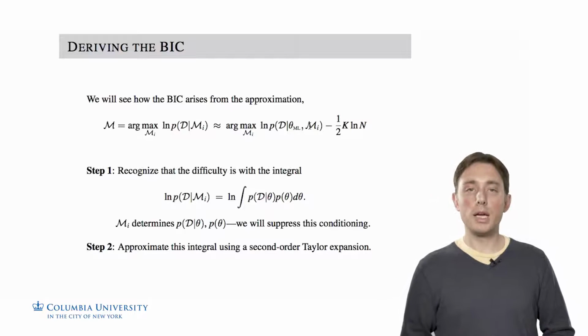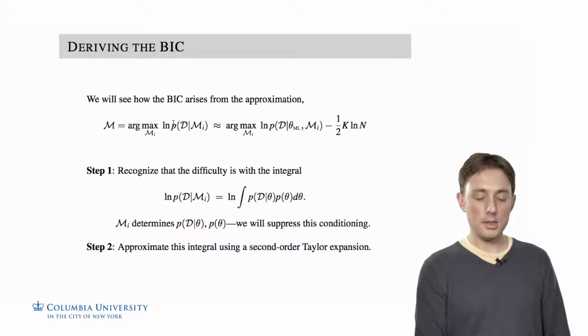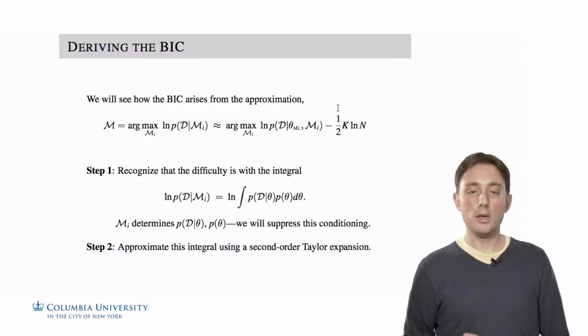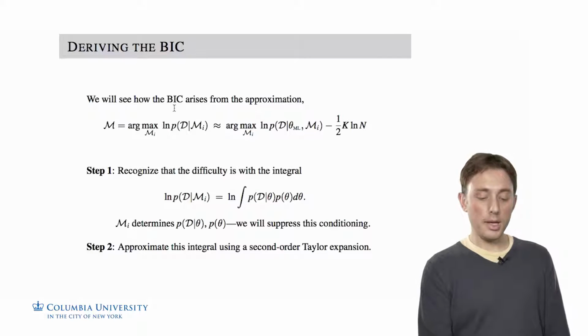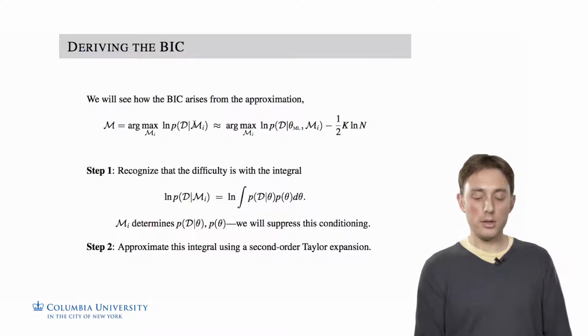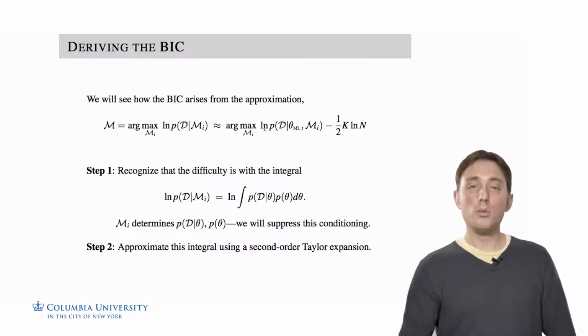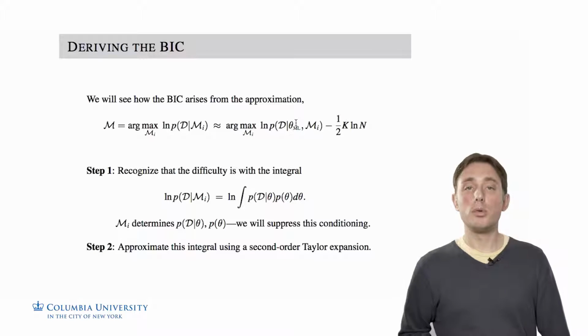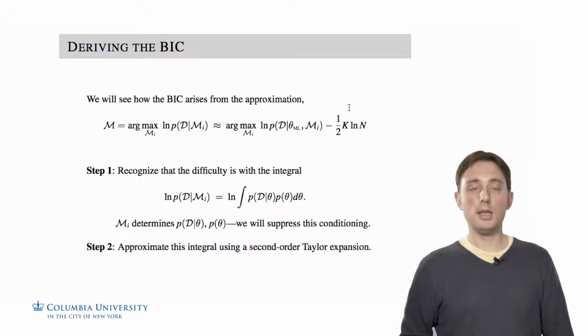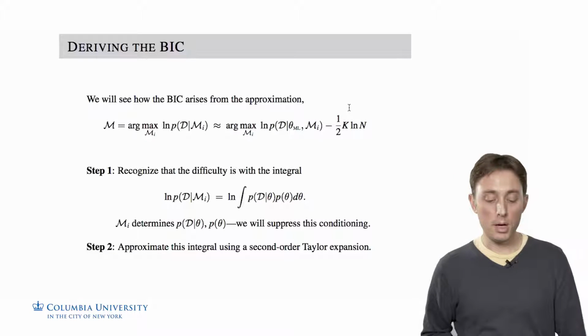In the remainder of the lecture, I want to simply show why this value can be approximated by this value, in which case, if we replace our goal of picking the best model according to this marginal likelihood with picking the best model according to this value, we simply have to find the maximum likelihood parameter setting for each of the models that we're checking over, and then add the appropriate penalty for the model complexity.